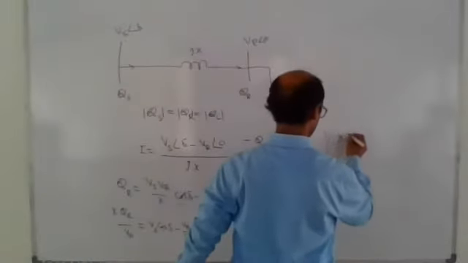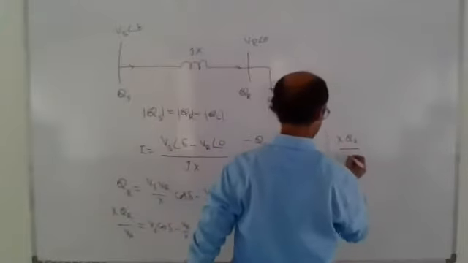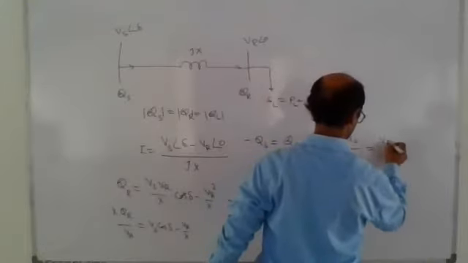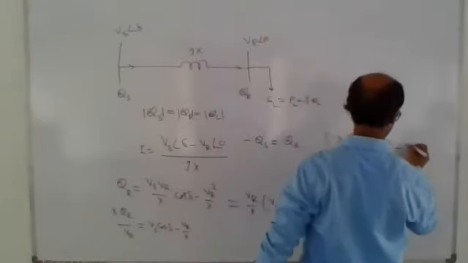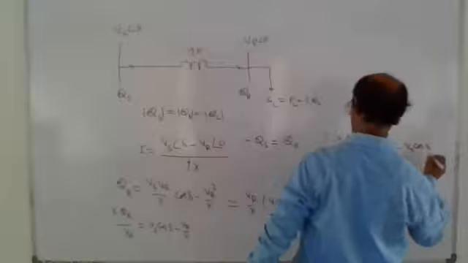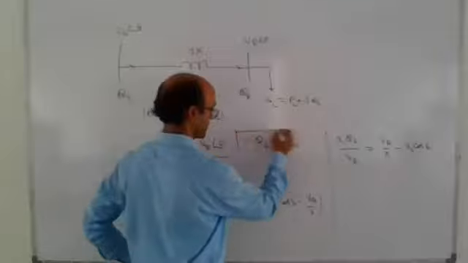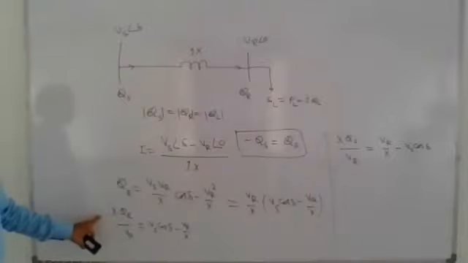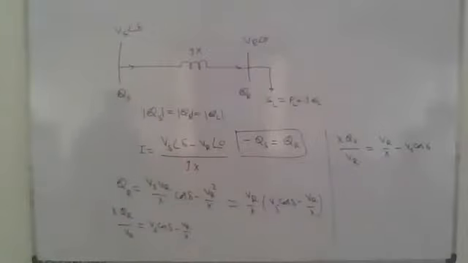X into QS is minus. So I will multiply the minus sign on both sides. This is VR by X minus VS cos delta. If you multiply the minus sign, using this relation, I can write QR at the place of QR minus QS. Then I am getting this relation.